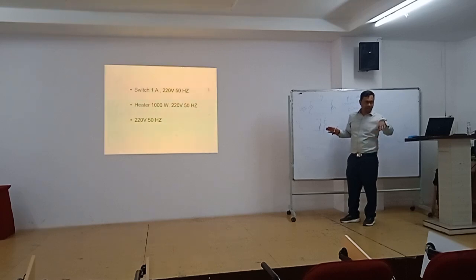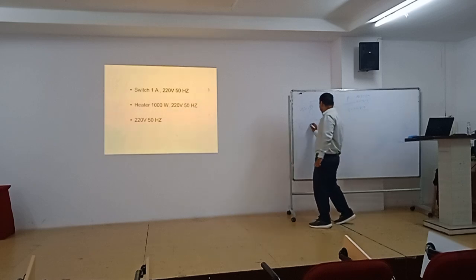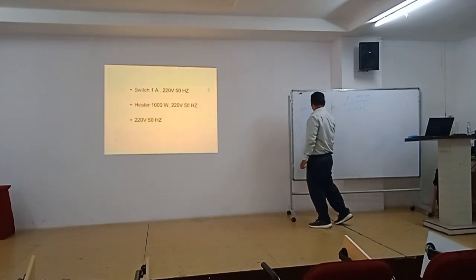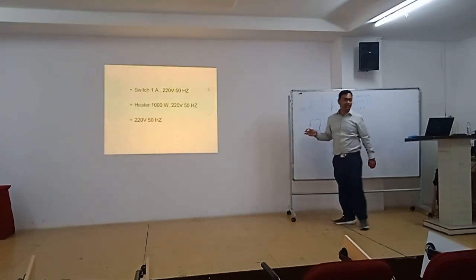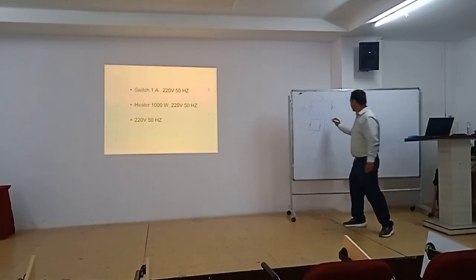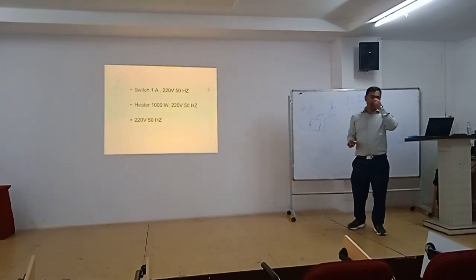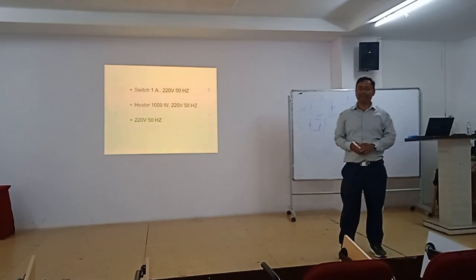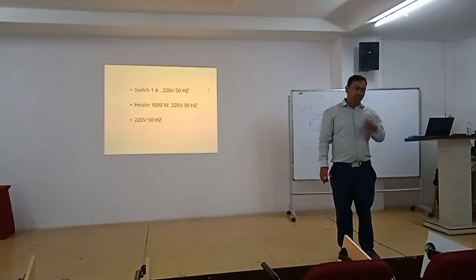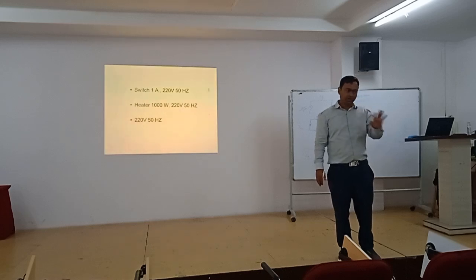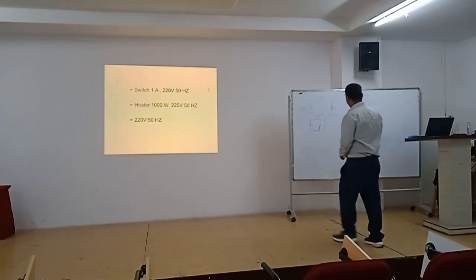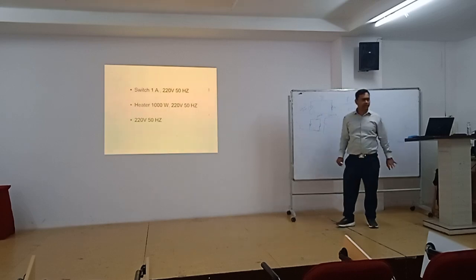The current requirement of this coil is somewhat less, around 100 milliampere, whereas your contact can carry around 5 to 10 amperes of current. So by using an actuator, you can easily do it.